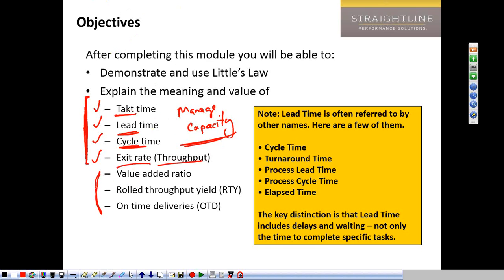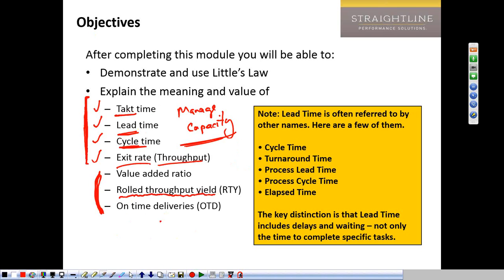These others here I think will present you with no issues whatsoever. You may not have heard of rolled throughput yield, but it's something that I think once you see it, you'll know exactly what it is. On-time deliveries are pretty straightforward. So we'll talk about these in the beginning of the next lecture for sure, but I want to have you get a chance to look through it.